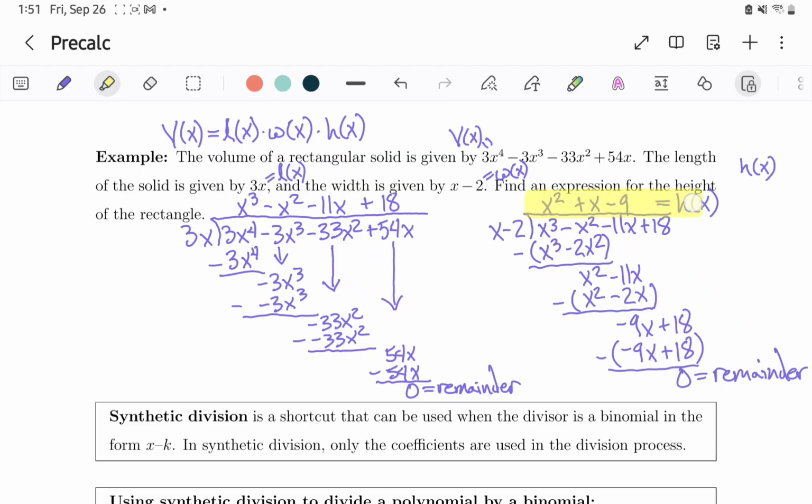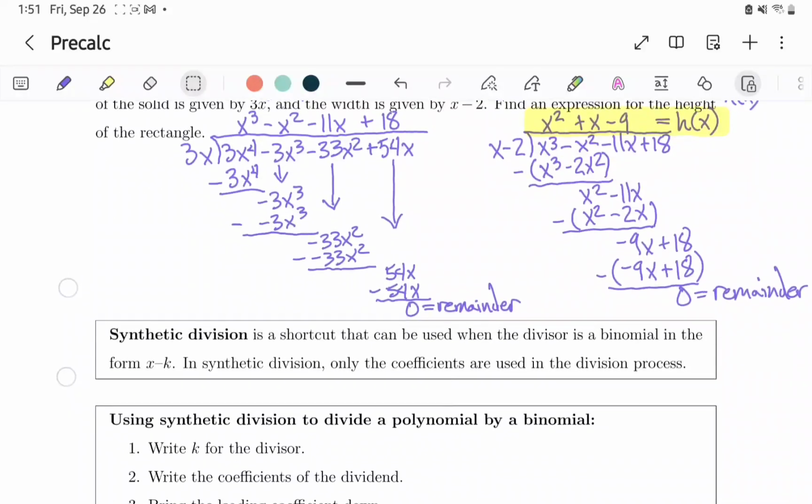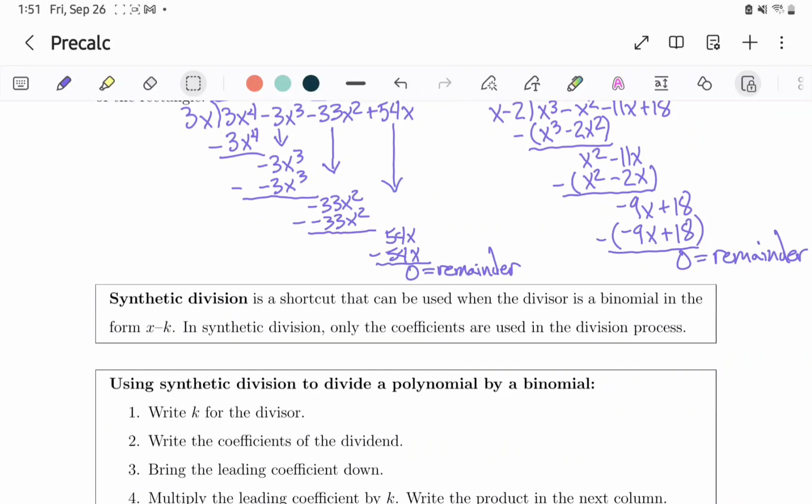So x squared plus x minus 9 is h of x. Okay, so that's how we do polynomial long division.